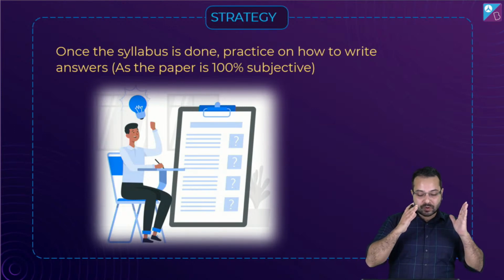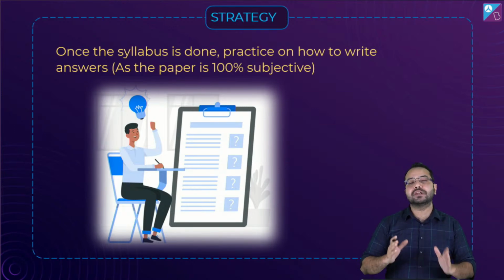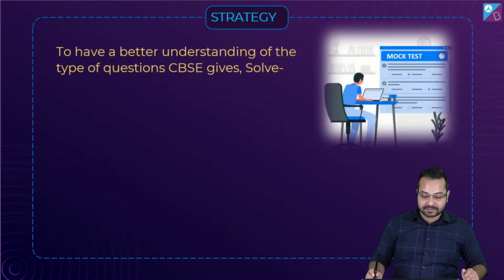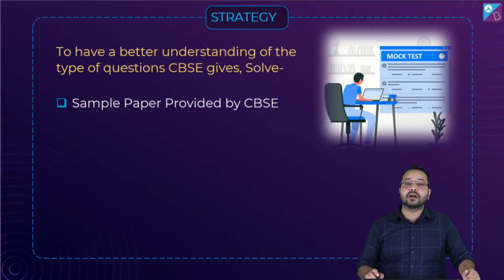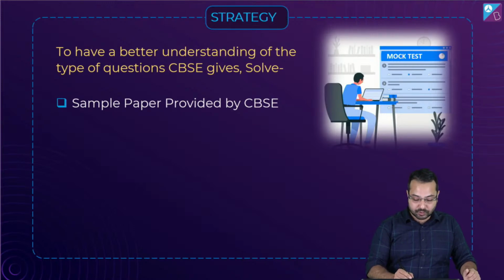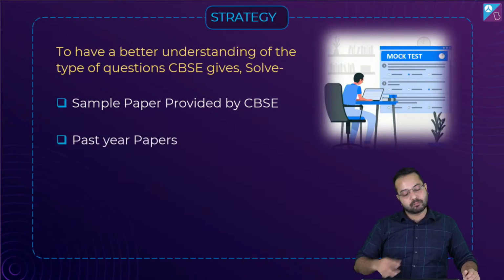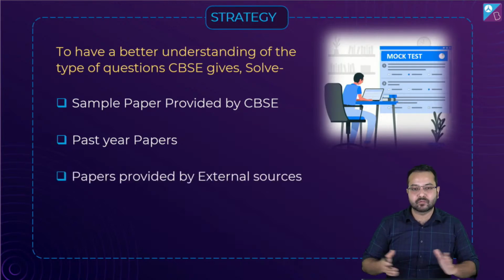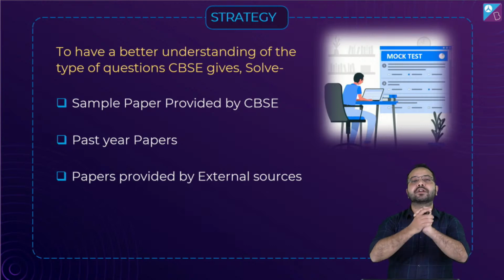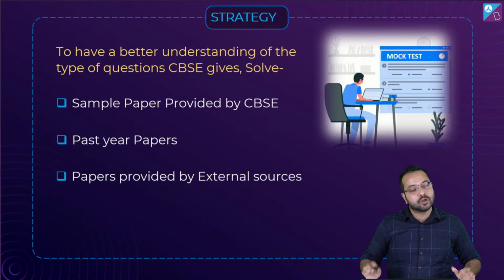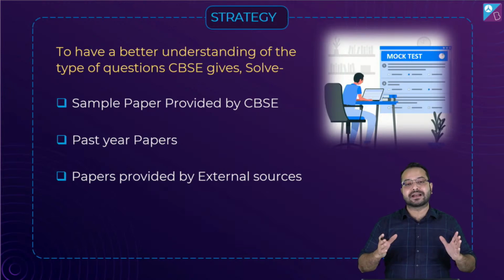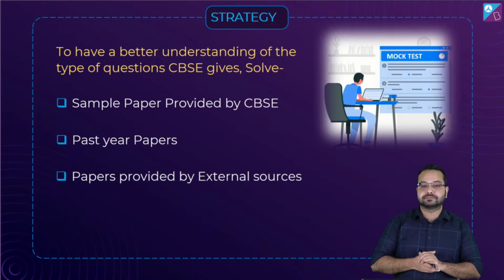So writing that down properly in your answer is very, very important. For that we need to write a lot of sample papers, past year papers and mock tests, so that you are able to write them properly. Knowing is not enough, you should be able to write that down as well.